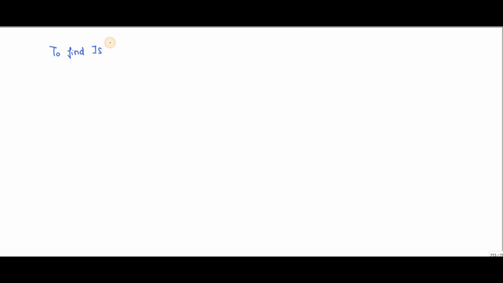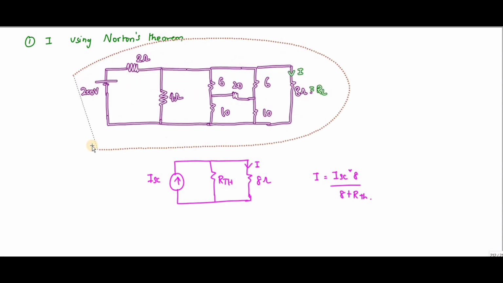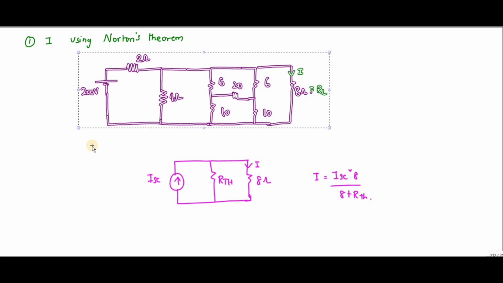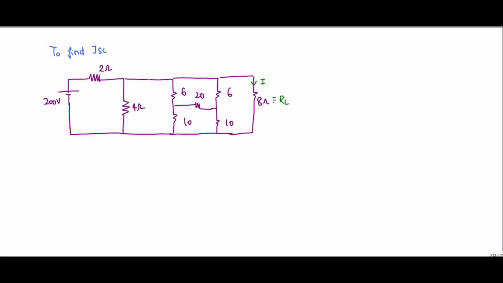To find ISC, you have to take this circuit and remove this load resistance, and connect a short in its place. This is nothing but your ISC. Suppose this current is IA.